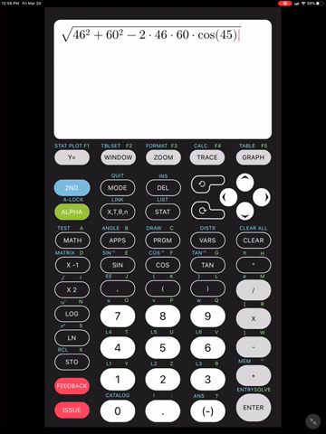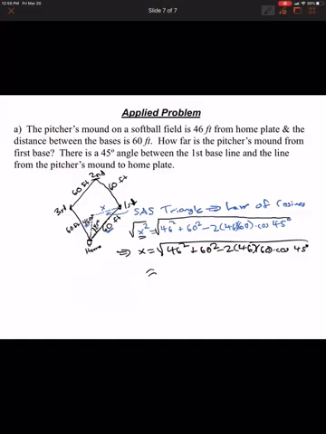As we hit the enter button, we get 42.5, so 43 feet would be that distance. So 43 feet would be the distance right here. There's X. A distance of 43 feet from the pitcher's mound to first base in this softball field based off its dimensions. Alright, so again, take an application, solving using the law of cosines.